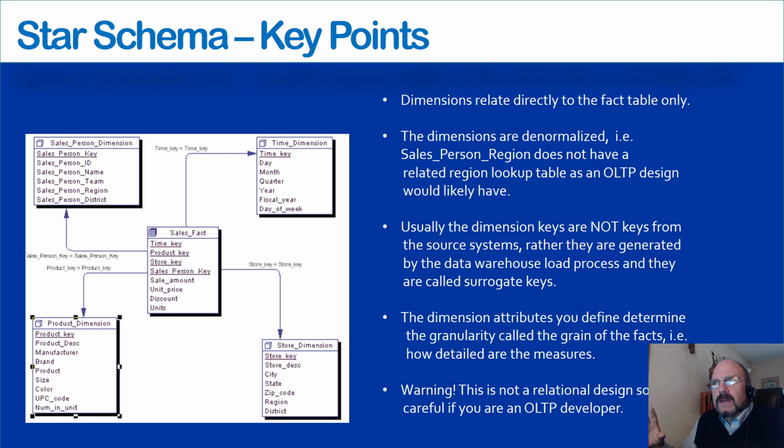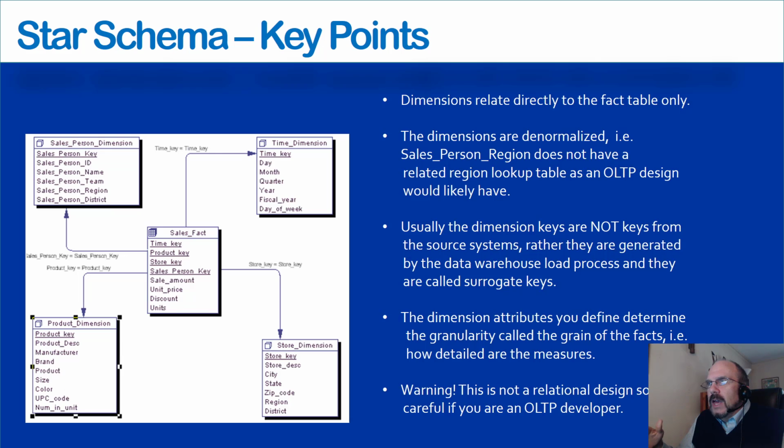That's normalization. We don't do that in dimensional modeling. In fact, we do the opposite. We could very easily merge salesperson with store, with region, with country if we want, if it makes it easier to work with the data and report. We can generate this data. It's not the system of record, so we need to keep that in mind.